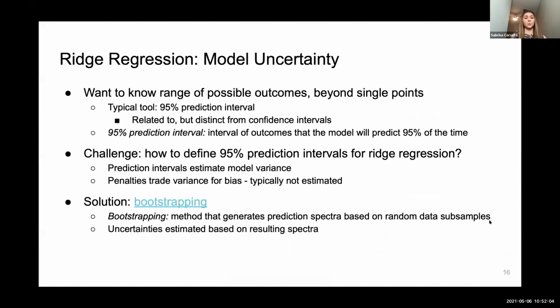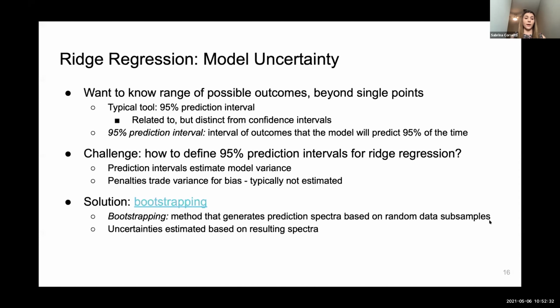The 95% prediction interval gives us an interval of outcomes that the model will predict 95% of the time. But there's a challenge of how can we define these prediction intervals for ridge regression specifically? Since prediction intervals typically estimate the variance of a model, but when we introduce a penalty into ridge regression, we trade variance for bias, which is a factor typically not estimated in building prediction intervals.